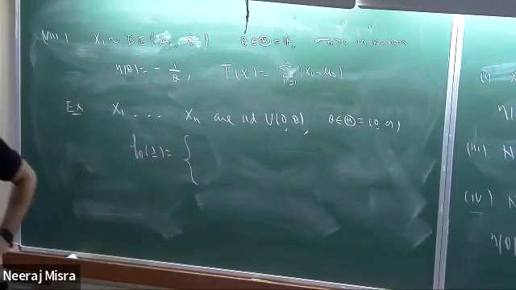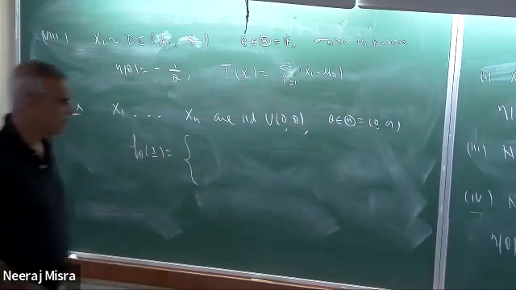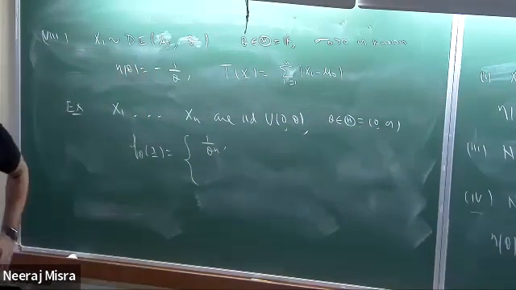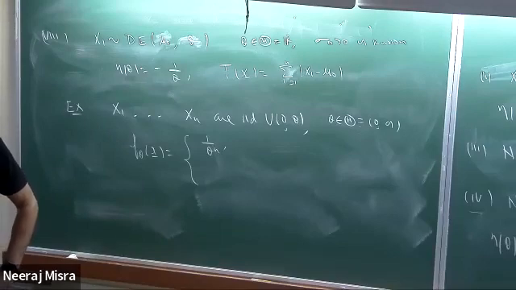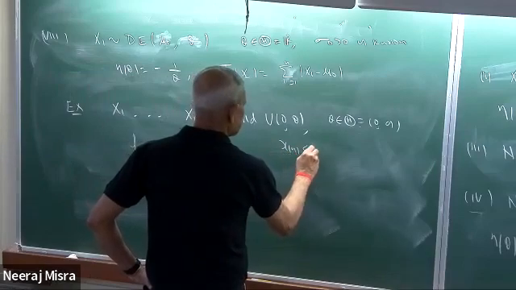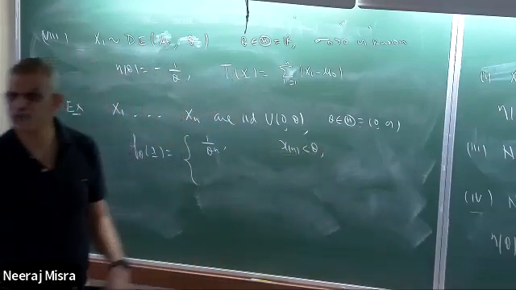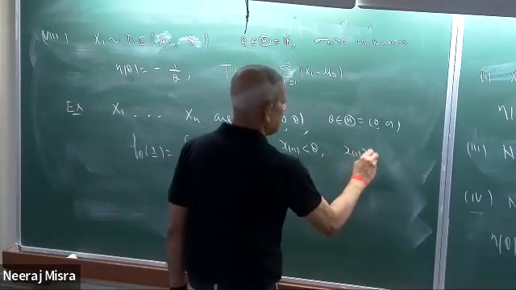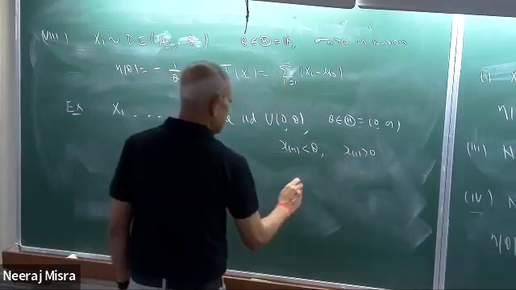It is 1 by theta, so 1 by theta to the power n, each xi less than theta. So that means xn less than theta. And each xi should be greater than 0, right? Which is minimum is greater than 0 basically. 0 otherwise.